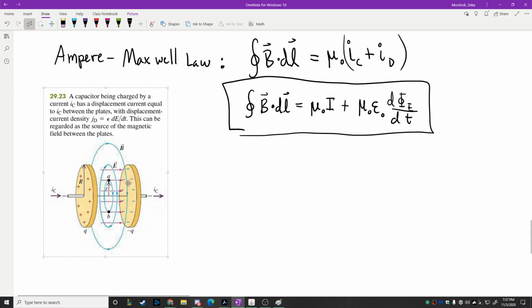All right, so let's throw all of Maxwell's equations together then, and let's write down what they are.